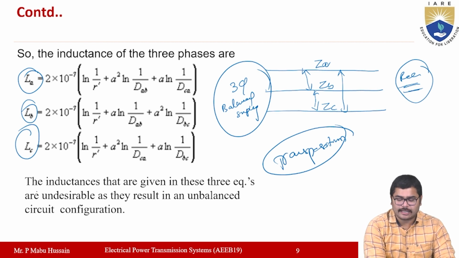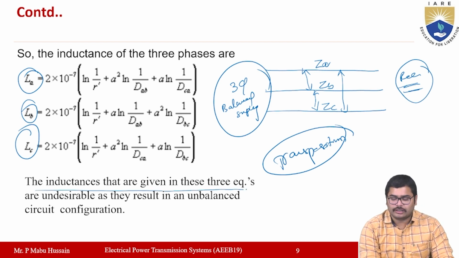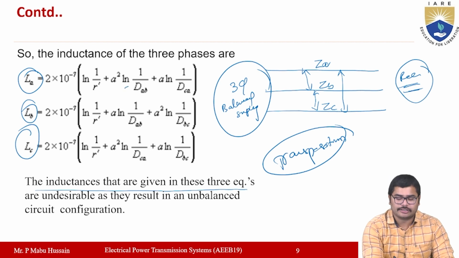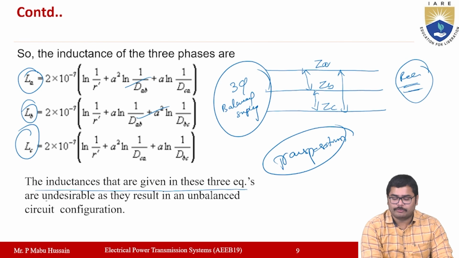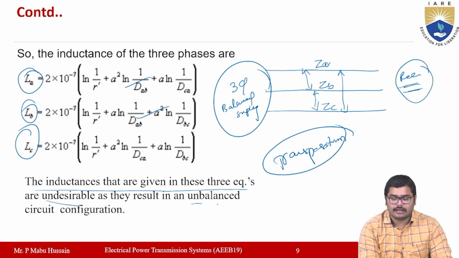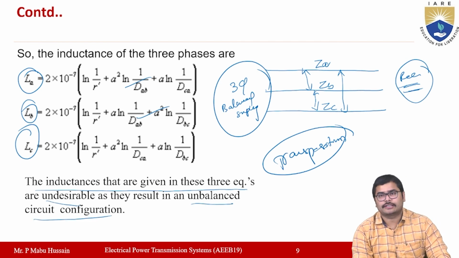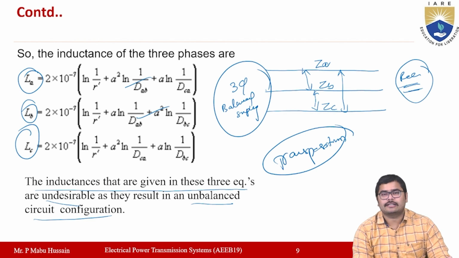As I said, the inductances given by these equations are not the same, so these are undesirable because they result in an unbalanced circuit configuration. This is how you can determine the inductance of a three-phase symmetrical line as well as of a three-phase unsymmetrical transmission line.